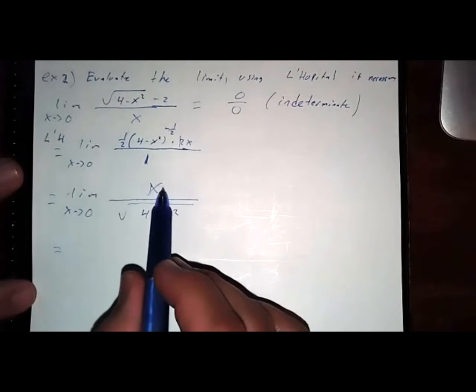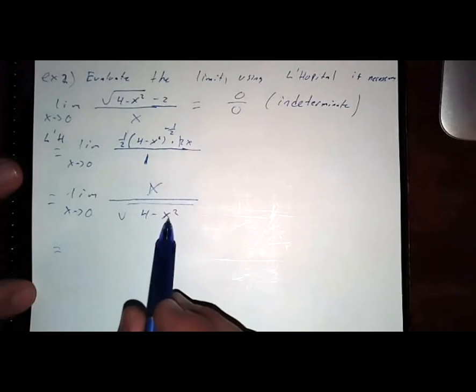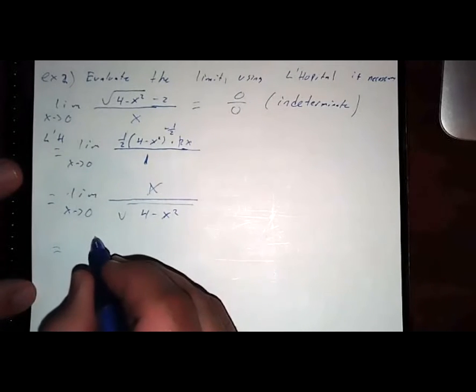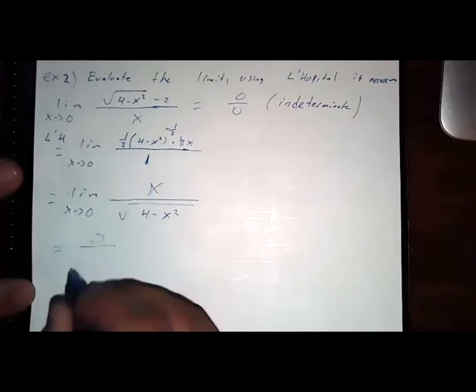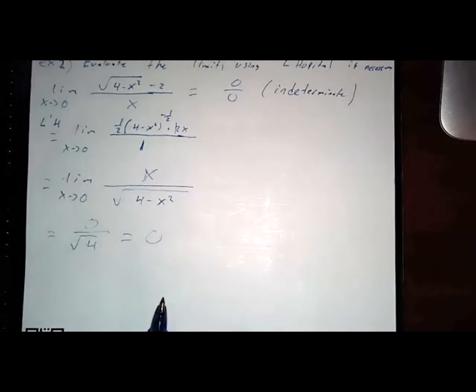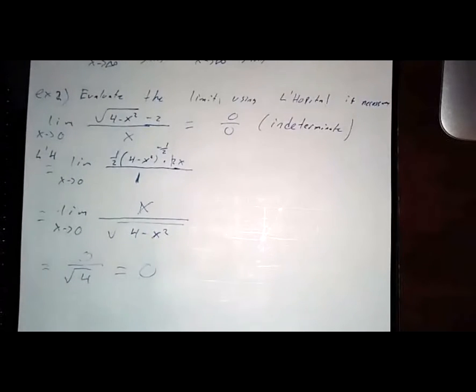If I plug in 0 here and 0 there, what do I get? 0. It's going to be 0 over square root 4, which is 0. So we do have a limit after all. Do you see how this works? Or the idea here? Yes.